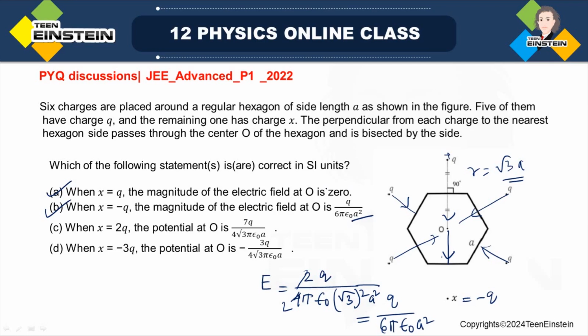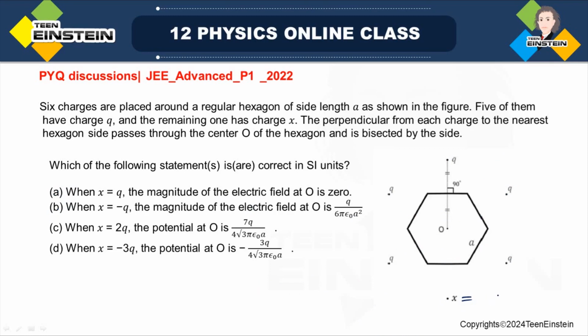Alright, let us go for the third option. When this x is 2q, then the potential at the center will be 7q by 4 pi epsilon naught a into root 3. So the potential created at this by all of them will be always additive, but negative charge can create negative potential, positive charge can create positive potential.